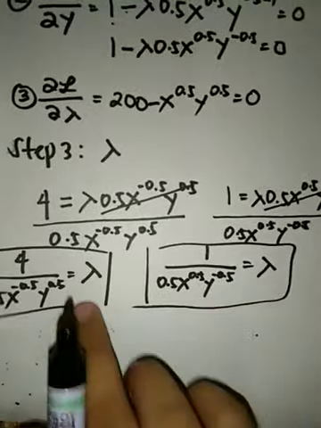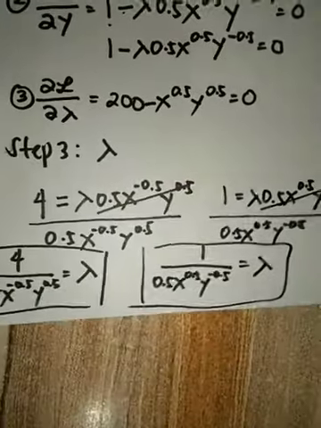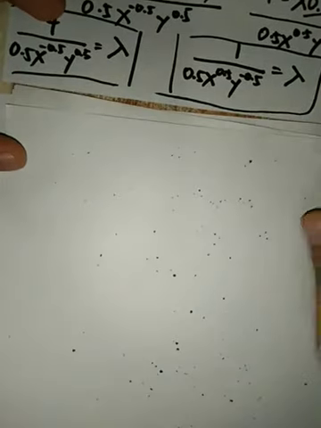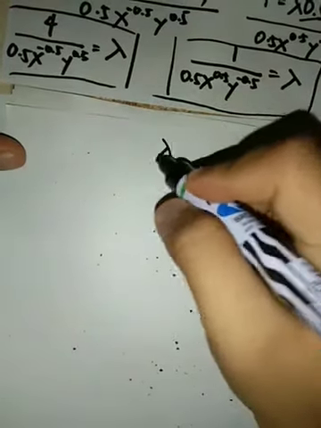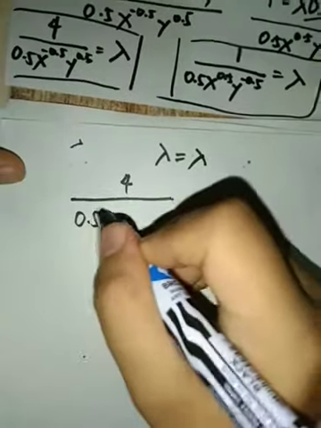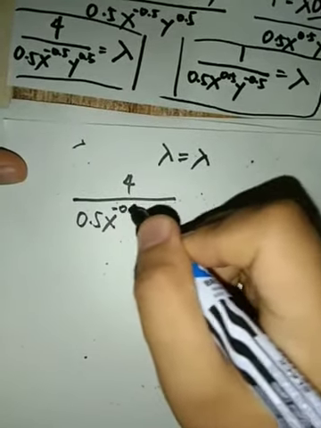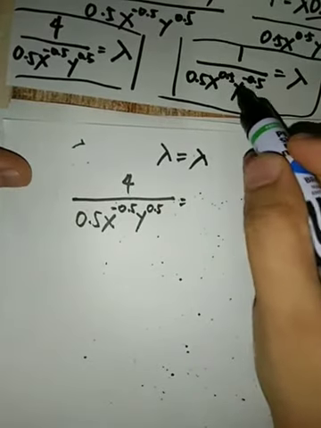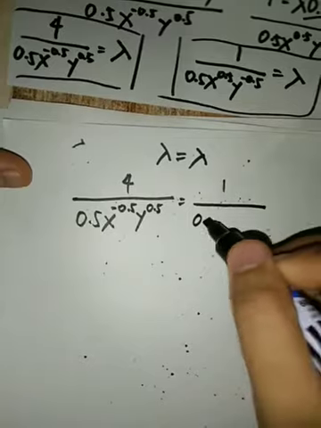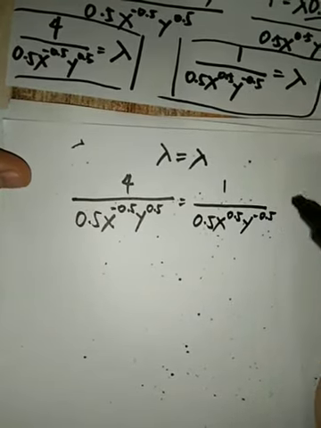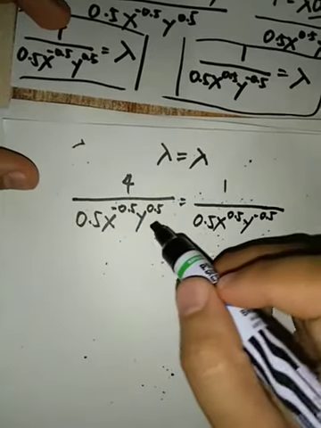So these two lambdas, we will equate them. Copy this on the left side, then this on the right side, and then cross multiply.